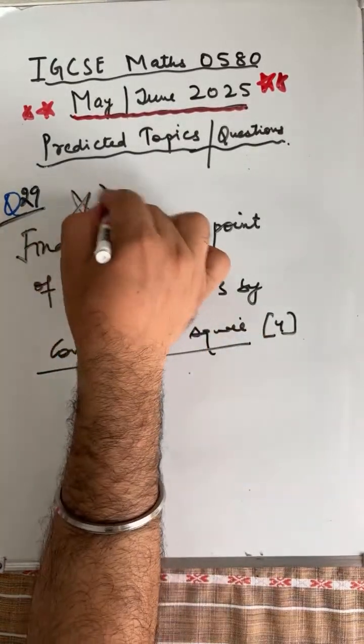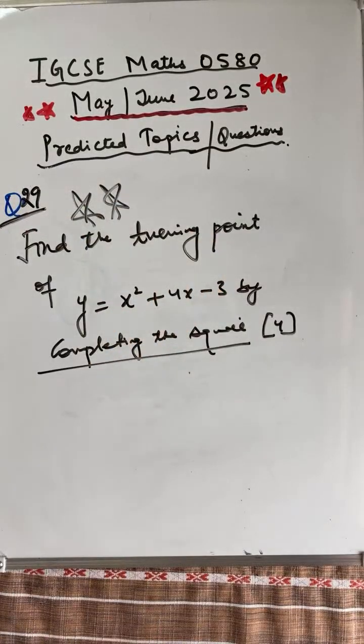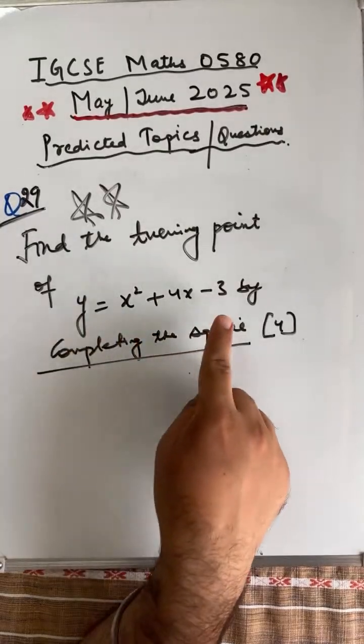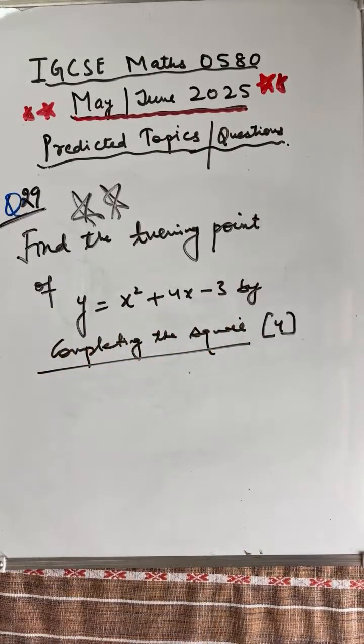Now this is a very important question. Find the turning point by completing the square. Now try to find this answer. Firstly, you complete the square.